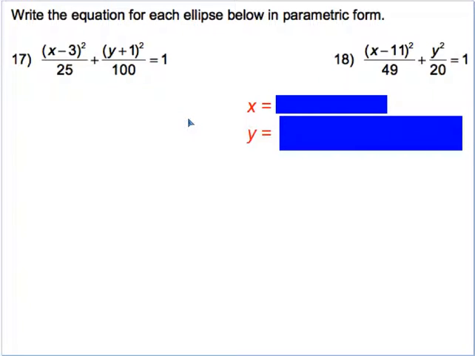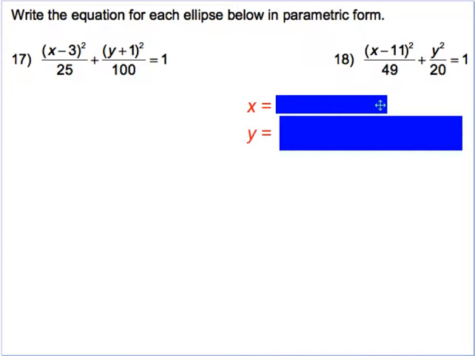All right, so now 17 and 18, you want to do everything that we just did, but backwards. Okay, so you have the rectangular form of your ellipse, and you want to create the parametric form, okay?